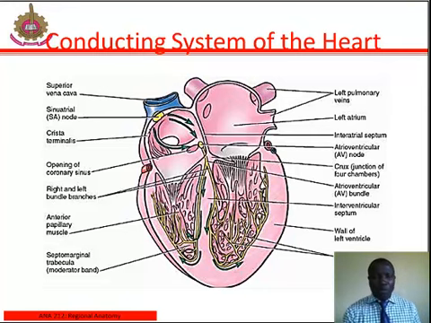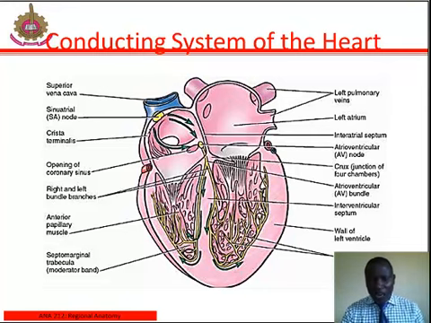The bundles proceed on each side of the muscular interventricular septum to the endocardium and then ramify into subendocardial branches, that is the Purkinje fibers, which extend into the walls of the respective ventricles.